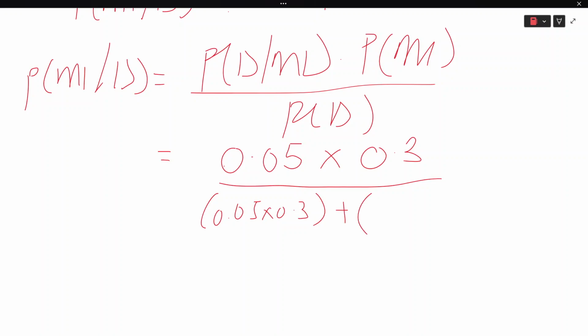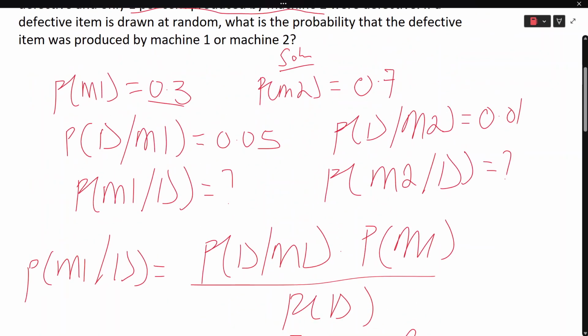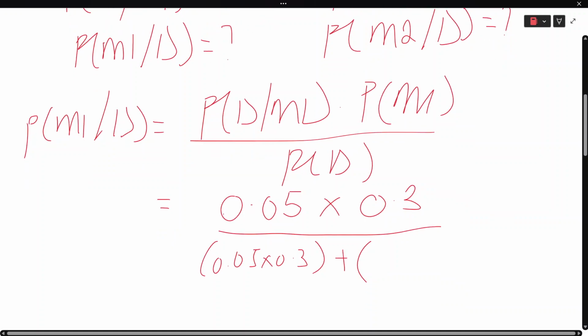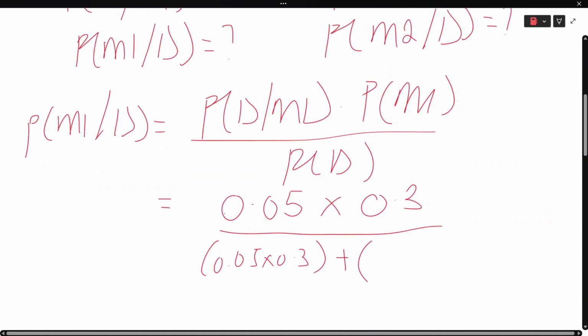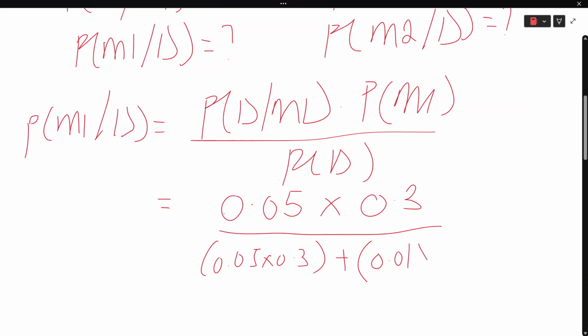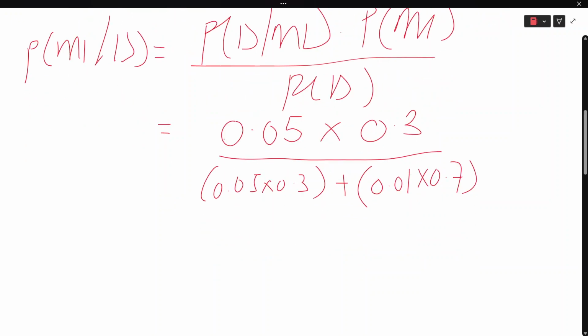Then we have to find that of machine 2: 0.01 times 0.7. So 0.05 times 0.3, divided by 0.05 times 0.3 plus 0.01 times 0.7, which is giving us the answer.